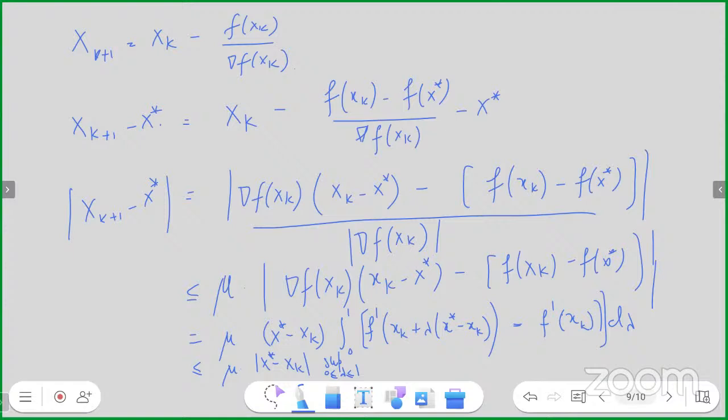Mu times the supremum to be less than or equal to 1. If I want to prove convergence, what do I need? This less than or equal to this is not sufficient for convergence, clearly. So what do I need? Mu times the supremum should be how much? Less than 1.